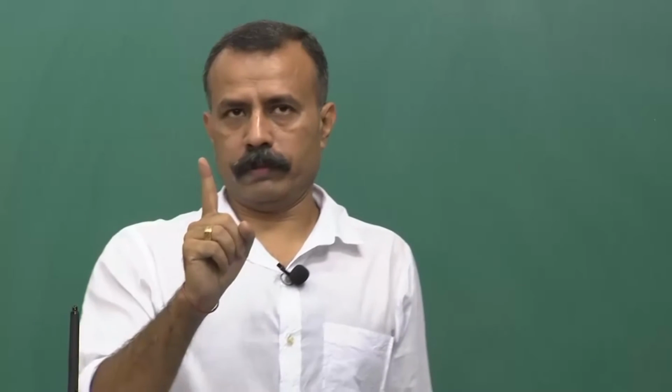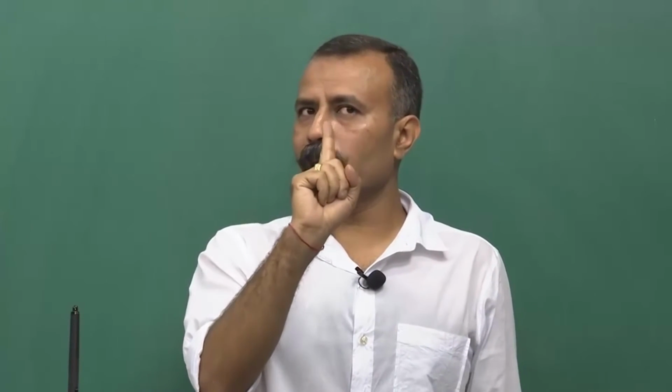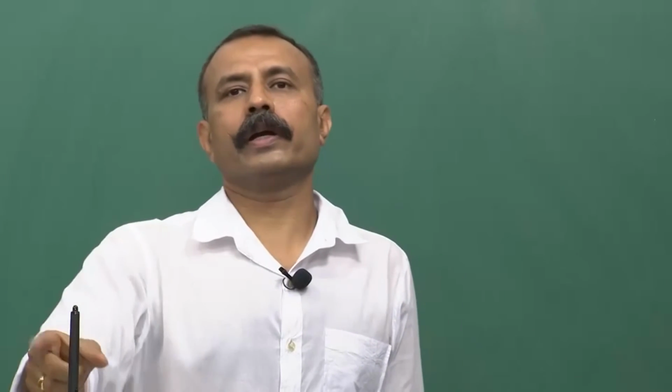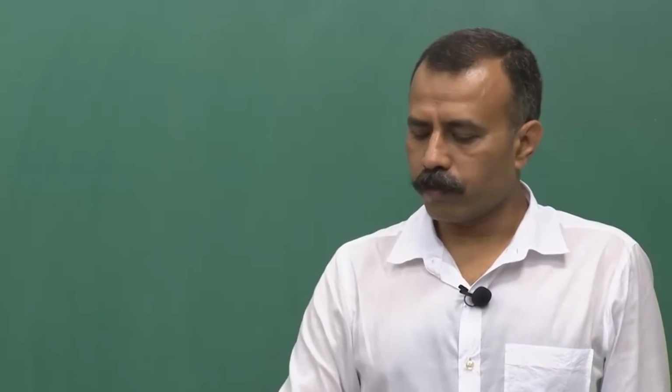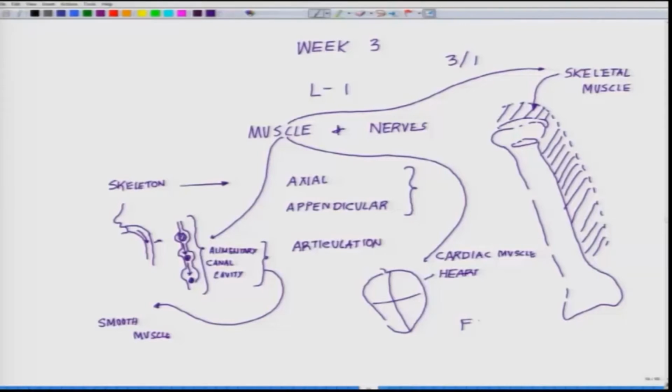So the one common word which is emerging out of it is force and displacement. These are the common words, force and displacement. And when we talk about displacement, we talk about per unit area displacement. Okay?